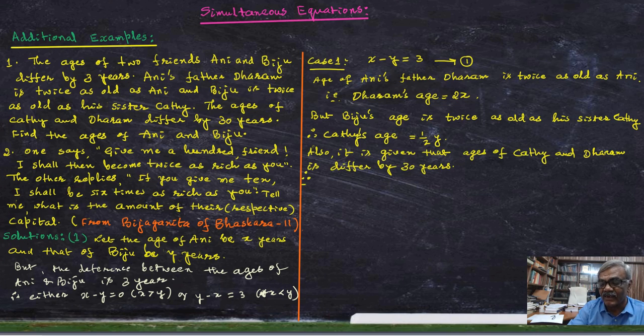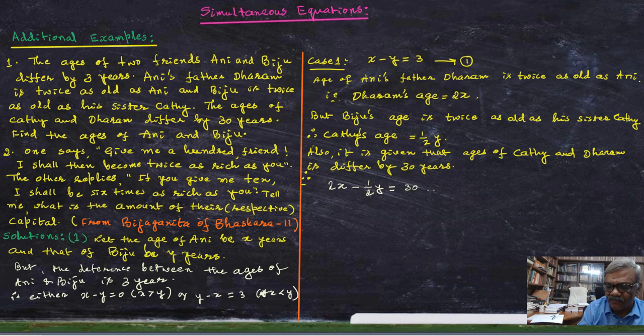Now, also it is given that the ages of Kathy and Dharam differ by 30 years. Therefore, 2x is Dharam's age, and half Y is Kathy's age, and the difference is 30 years.